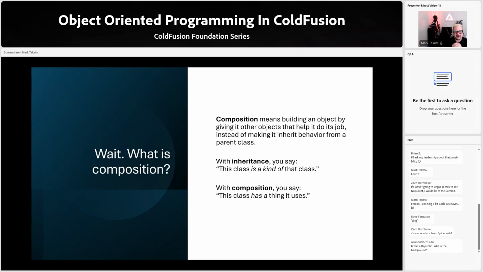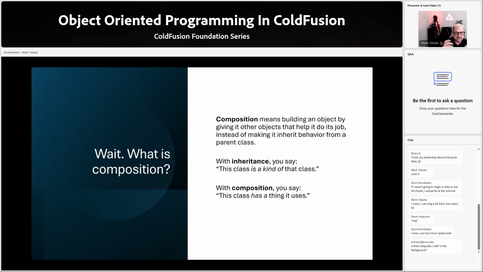You're like, okay, Mark, you've said composition like 20 times. What the heck do you mean by composition? Well, composition means building an object by giving it other objects to help do its job instead of inheriting directly from an object. So if you have a build first name or a save first name, you might have different objects that take in all of those pieces.